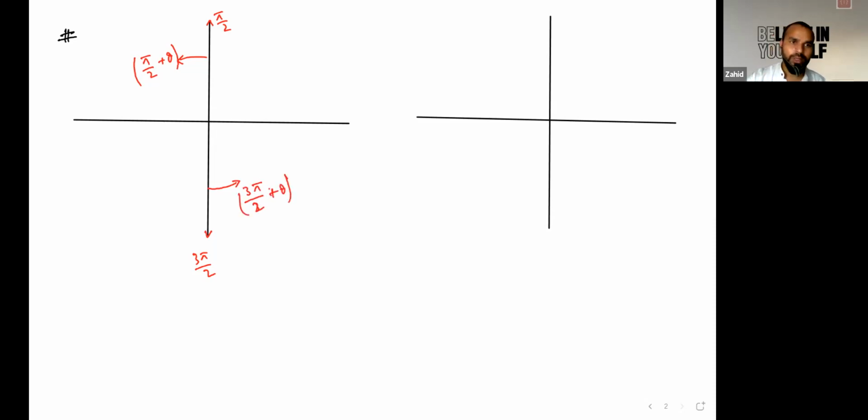But while moving clockwise like this, it would be pi by 2 minus theta. And similarly for this, it would be 3 pi by 2 minus theta. Here I have defined each of the four quadrants depending upon the vertical line related with pi by 2 or 3 pi by 2. So this is conversion related to the vertical line.